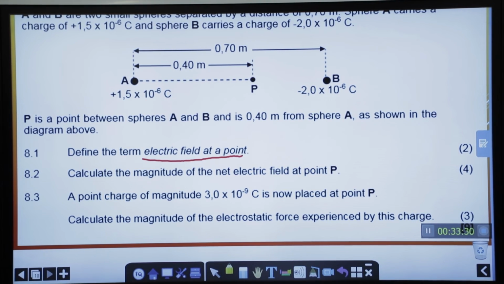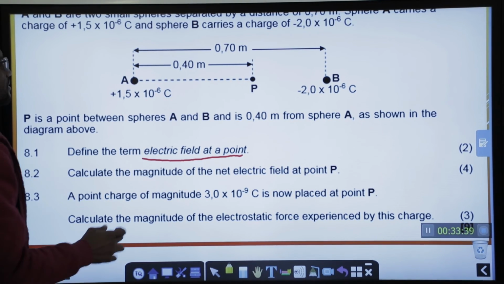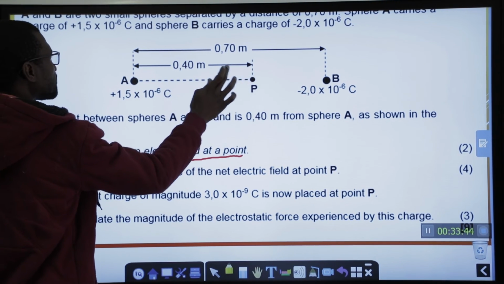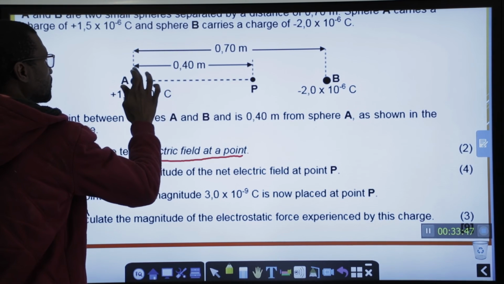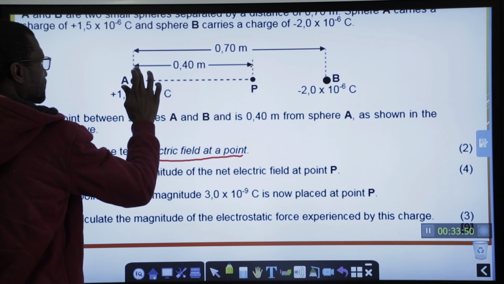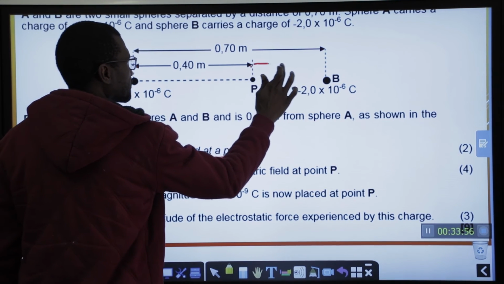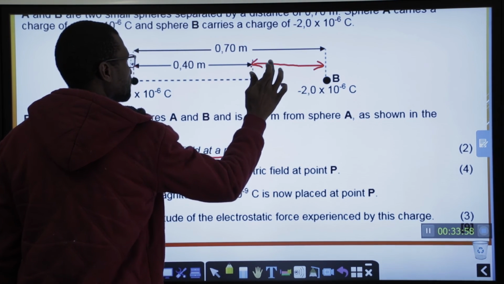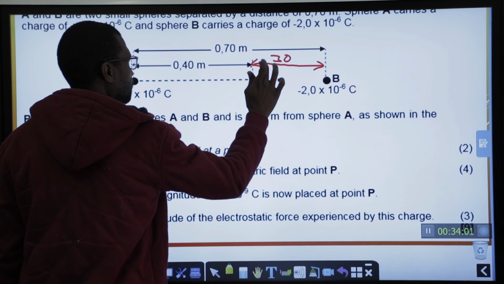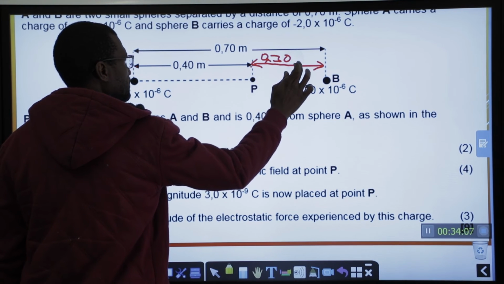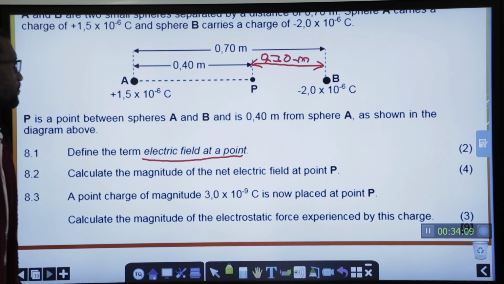Okay, calculate the magnitude of the net electric field at point P. Now you can see that it's collinear, while it's 0,40 from here, if you subtract from here to there, you get a value of 0,3 meters.